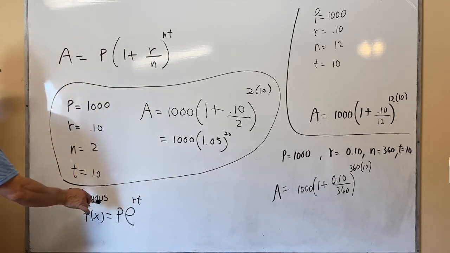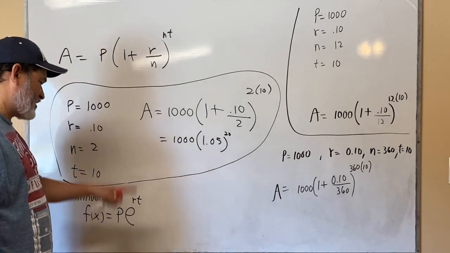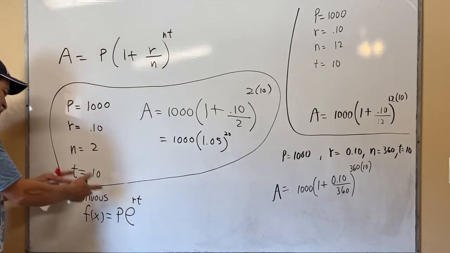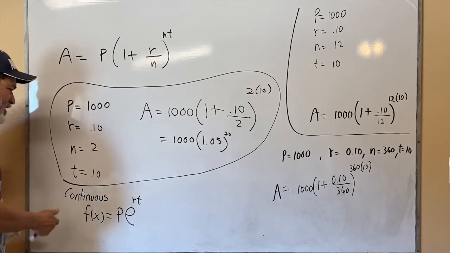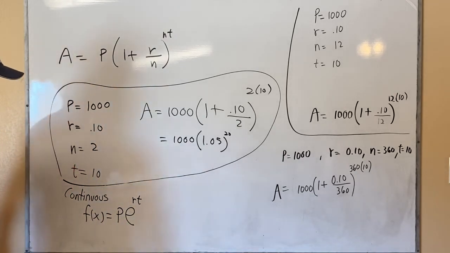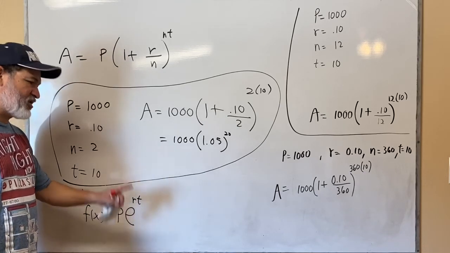You cannot do better than this, okay? This is the best. This is the formula for the most you can make when investing your money P at rate R for T years.